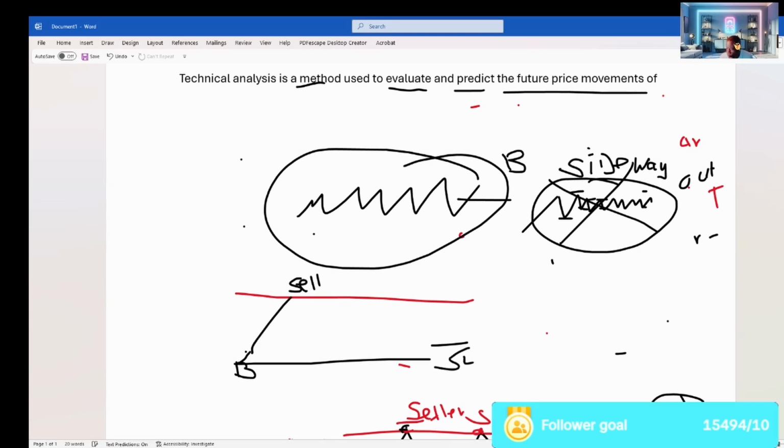Support and resistance, those are the two keys you need to manage. If you can manage those two keys very well, you'll be all right. Traders use support and resistance to make profit in this market.